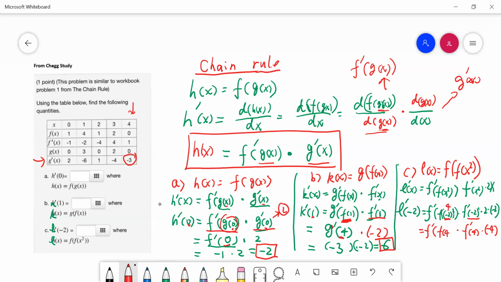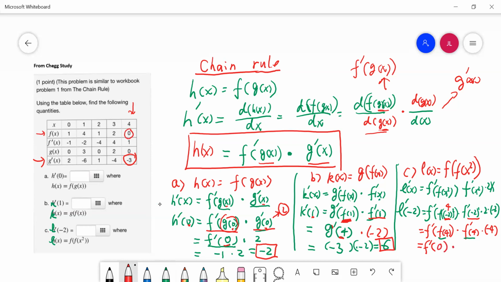This equals f derivative at f(4). f(4) is 0, so this is 0.